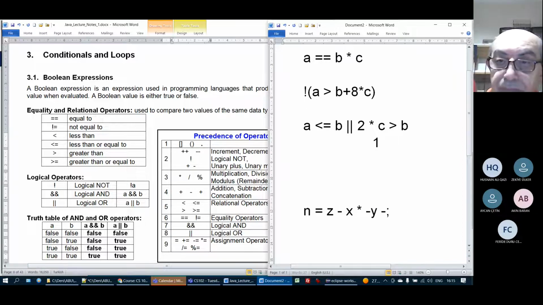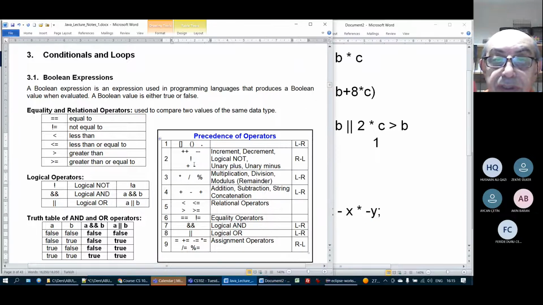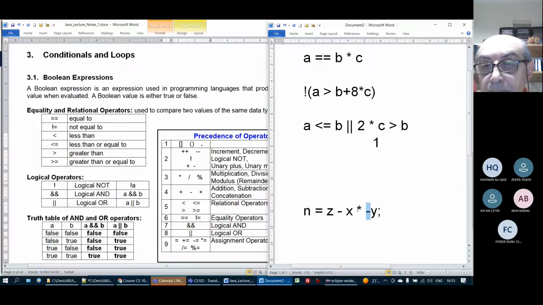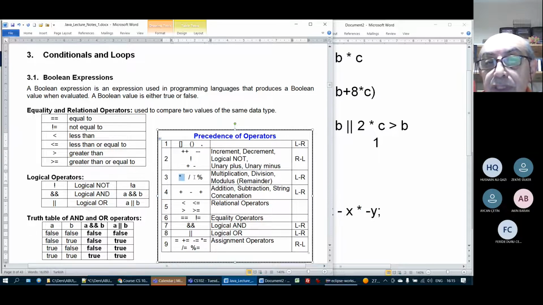Okay. So there are 2 minuses. This is unary minus, which has high precedence. Here it is unary minus, and the subtraction operator has precedence level 4. Therefore, this is done first. The multiplication has precedence 3.